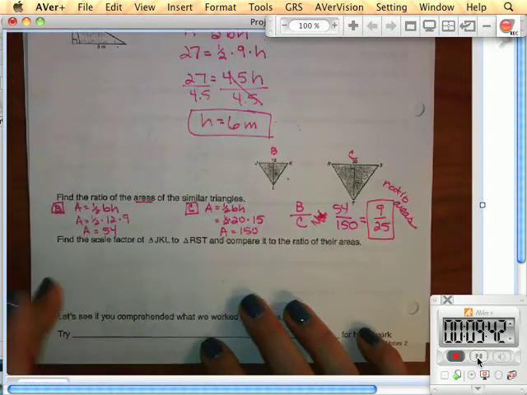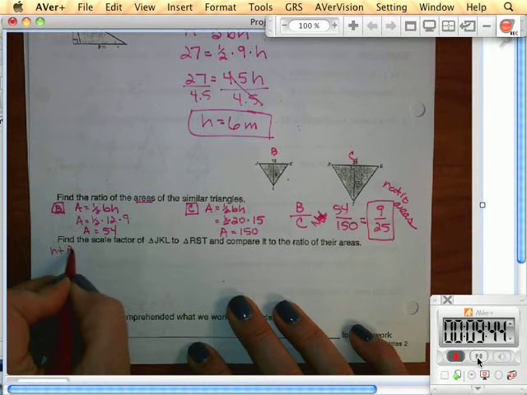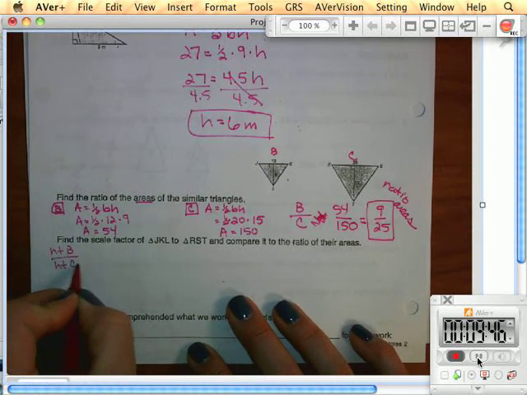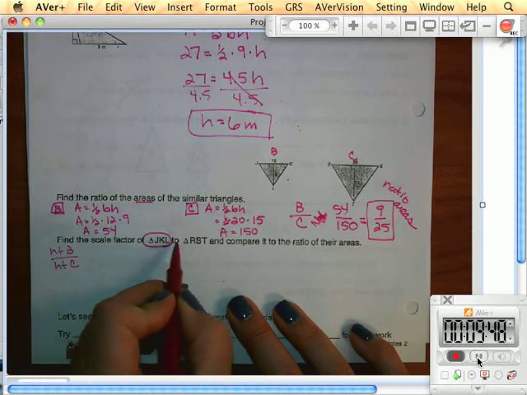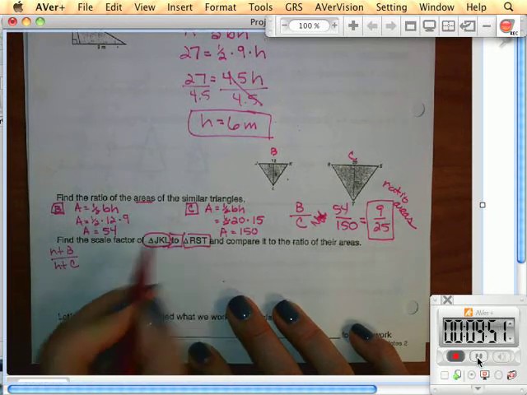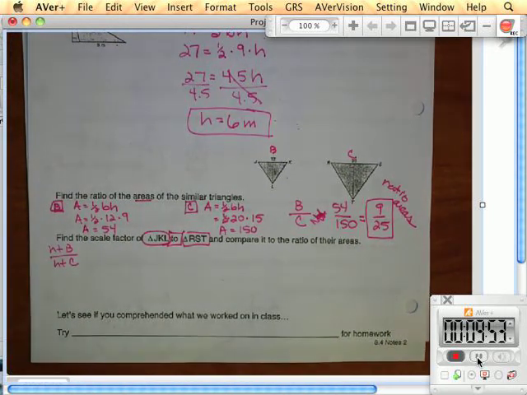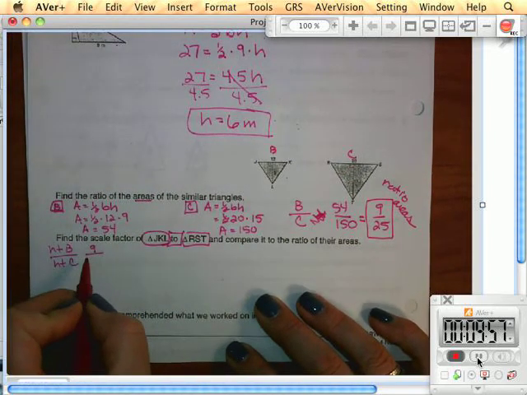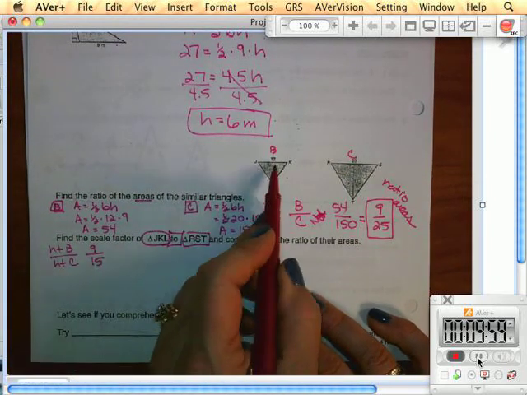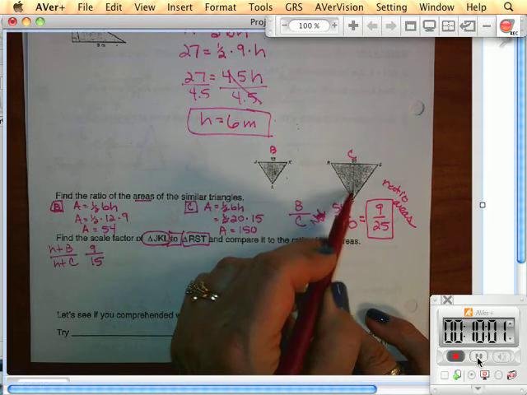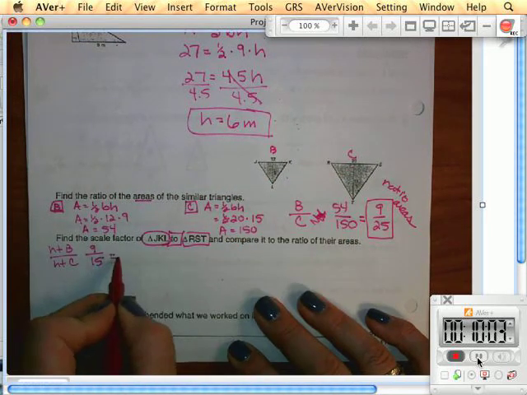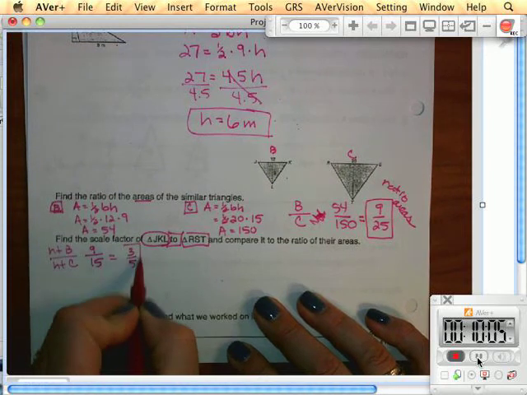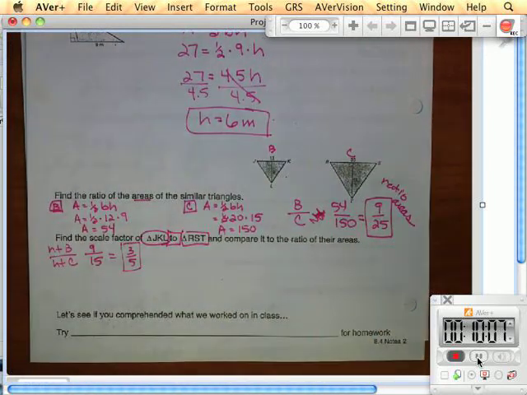So I'm going to do height B to height C because they told me I have to do the little one to the big one. So the height of B is 9 over 15. 9 to 15. And that reduces to 3 over 5. So there's the ratio of the heights.